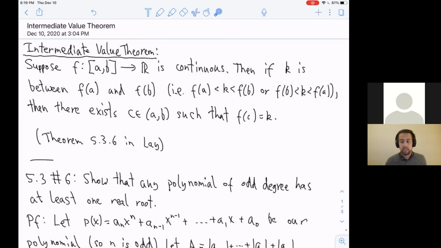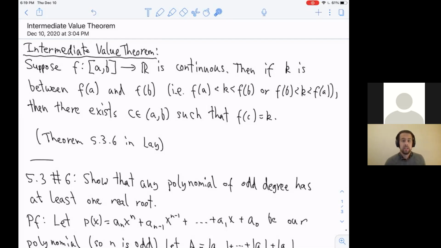But before I start this proof, I do want to mention that there's an algebraic proof of this. This is a polynomial of odd degree with real coefficients. If we factor it over the complex numbers, it factors into linear factors.